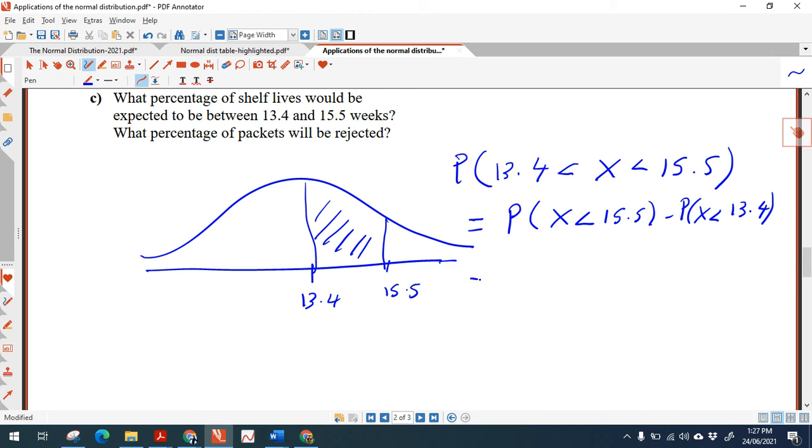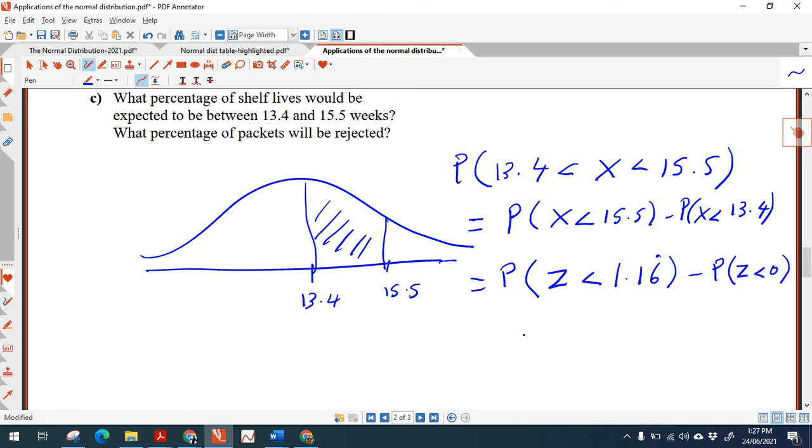Okay, so this will be the probability, now switching to z, z less than 1.16 repeating, minus, now we already know what the z-score of 13.4 is because it's the mean, that will have a z-score of 0.